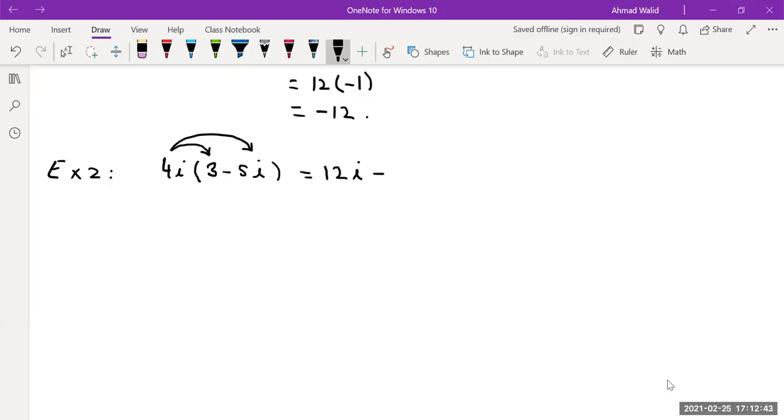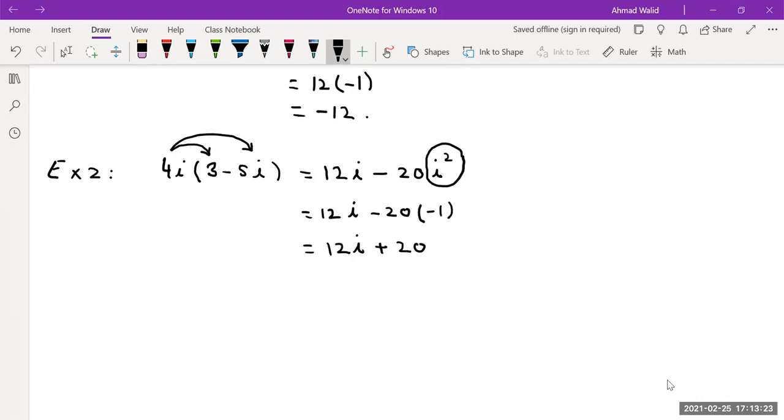Positive times negative gives me negative. 4i times 5i gives me 20i squared. The only part that I have to simplify is here because I have i squared. I'll replace it with -1. Then 12i minus 20 times, instead of i squared, I will write -1, so I end up with 12i. Negative times negative gives me positive, plus 20.